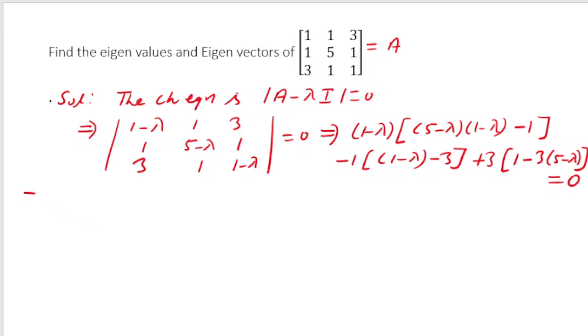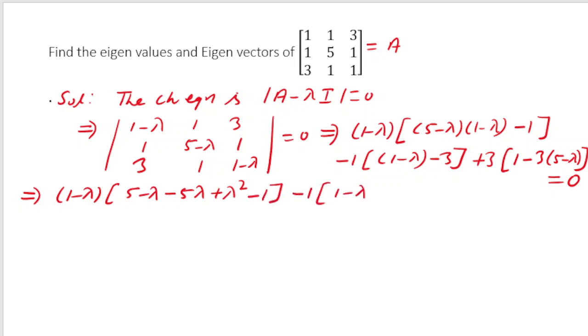So proceeding further, I am going to simplify it. So 1 minus lambda, and if I multiply it, I will get 5 minus lambda, and then by minus lambda, so I will get minus 5 lambda plus lambda square minus 1, then minus 1 times 1 minus lambda minus 3, and then plus 3 times 1 minus 15 plus 3 lambda is equal to 0.